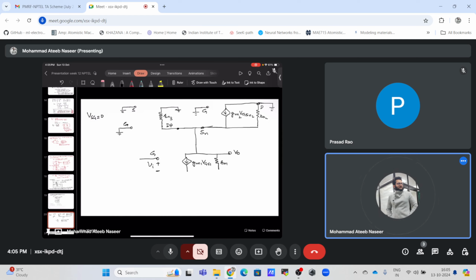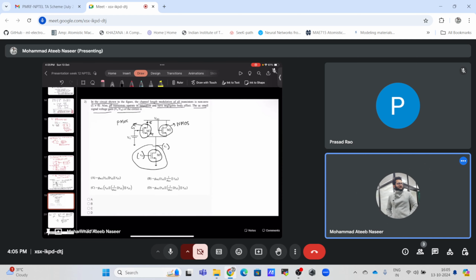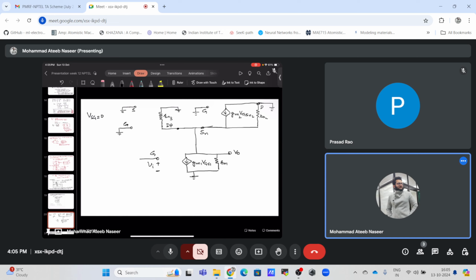Yes, this is our small signal equivalent for all the three transistors and for the whole system. Now this VGS1, VG, I have used capital, I should have used small. VGS1 is simply Vi.